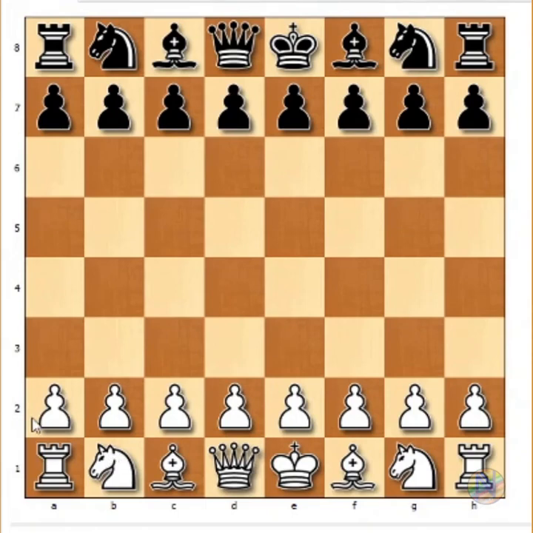While setting up the chessboard, first we know the name of each piece. The small pieces on the second rank are called pawns, P-A-W-N, pawn. Then these pieces at the corner are known as rooks.